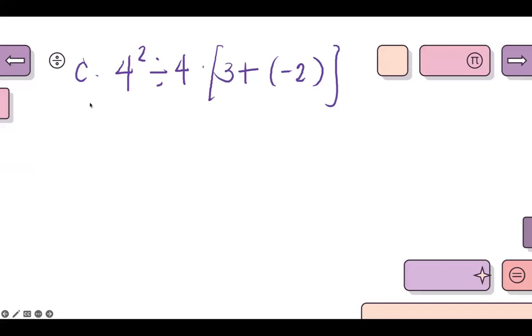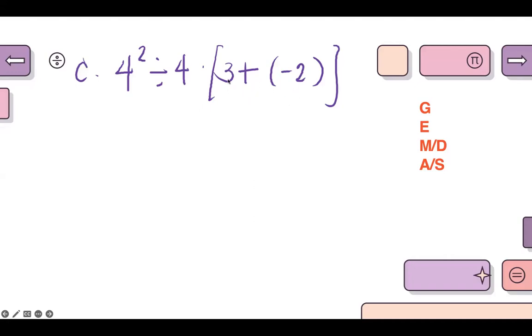Okay, next. 4 squared divided by 4 times the quantity of 3 plus negative 2. Okay, so again, let's follow the GEM-DAS rule. As you can see here, we have a grouping symbol, right? Which is the parentheses. So inside, we have 3 plus negative 2.